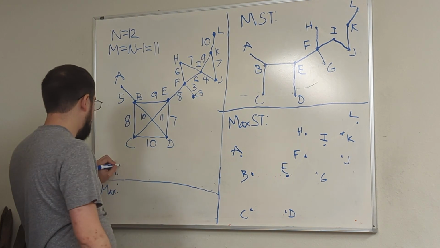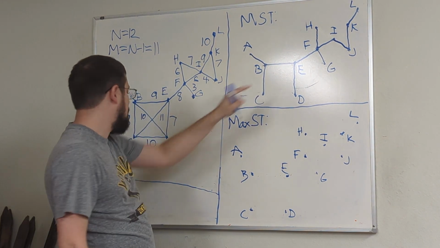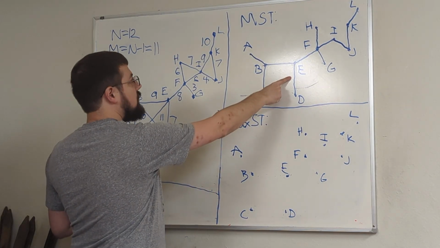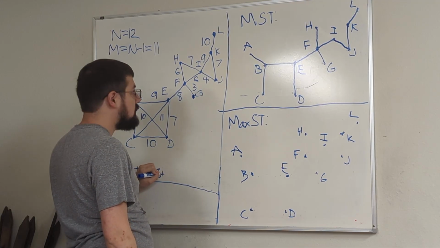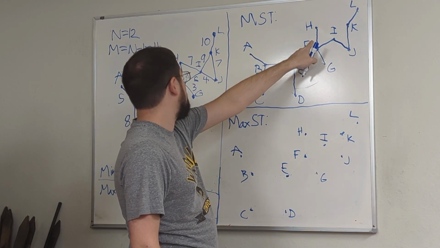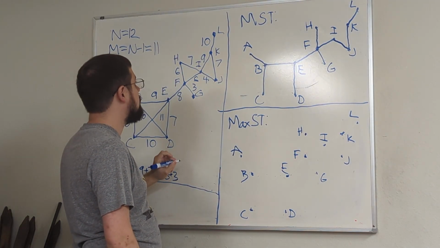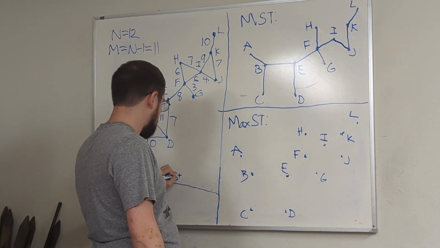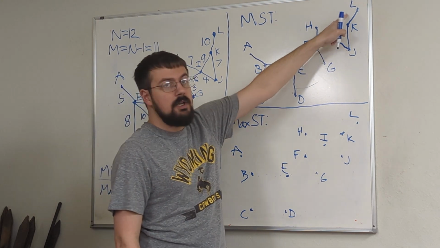So from A to B, we have 5, and then 8 and 9, 7 and 8, 6 and 3, 5 and 4, and then 7 and 10.